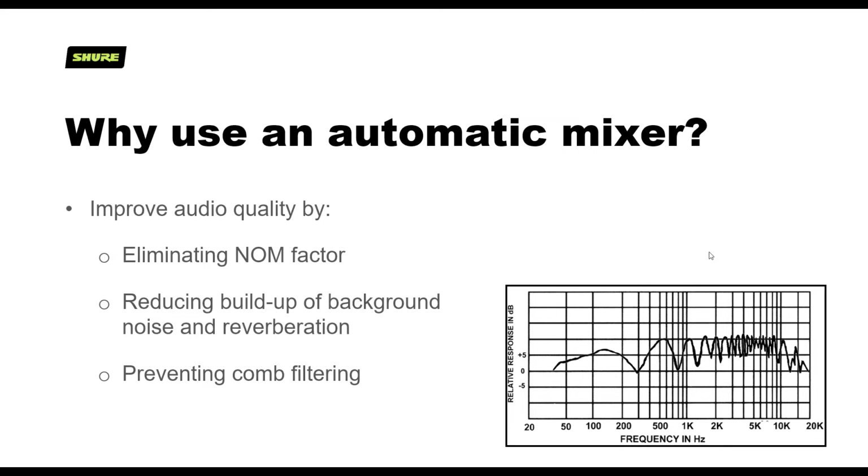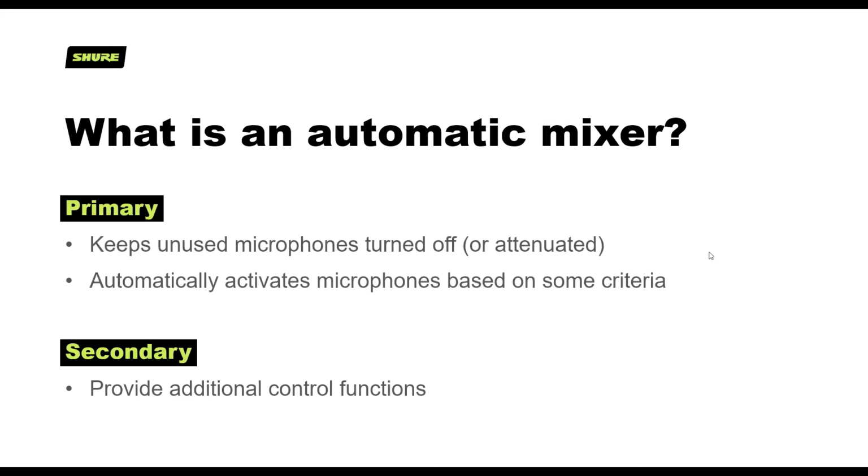There are some other audio benefits as well. It generally improves the audio quality by not allowing as much background noise and reverberation to be picked up by the system, and prevents comb filtering because it only allows one microphone to be active per sound source. But again, eliminating that number of open mics factor is the thing we really care about.